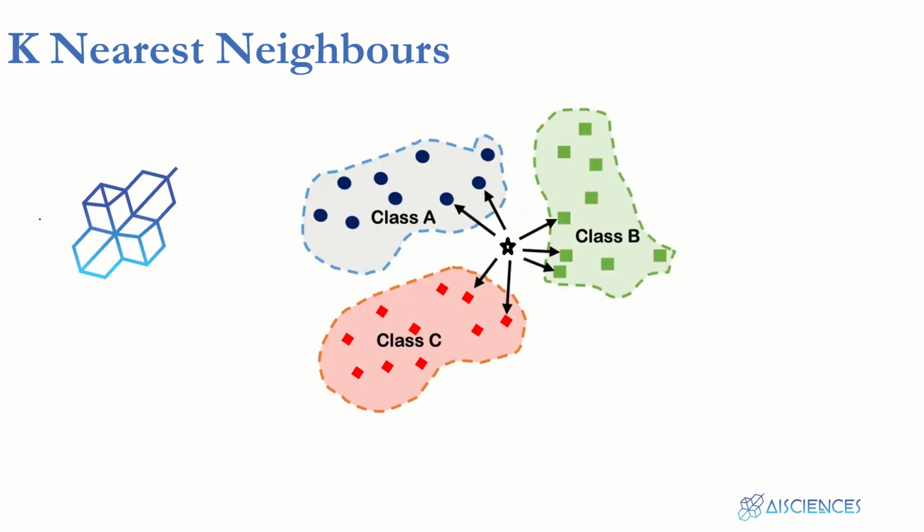So to remove that, one way is to, rather than focus on just one neighbor, focus on k neighbors, where k is a number which can be 1, 2, 3, or maybe n minus 1, where n is the number of data points.